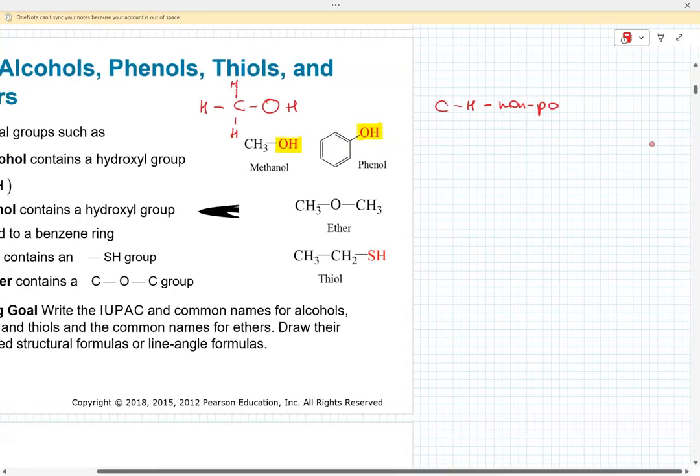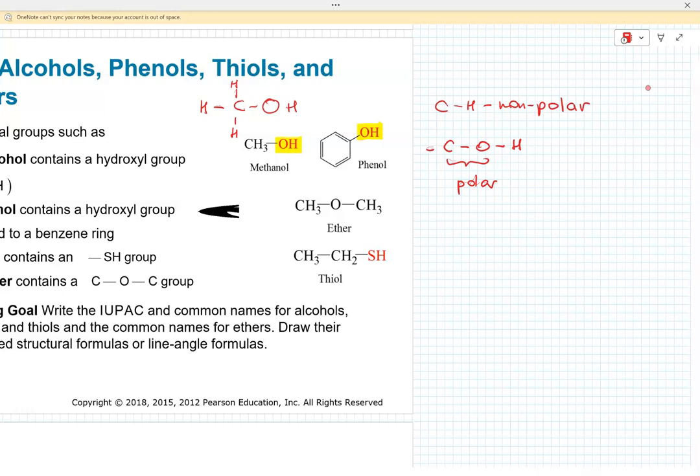So it's a non-polar group. When you form a bond between carbon and oxygen, like this, that bond is polar because the electronegativity of oxygen is much greater than the electronegativity of carbon.